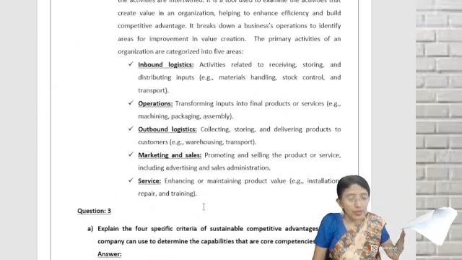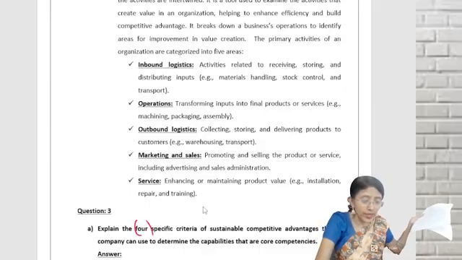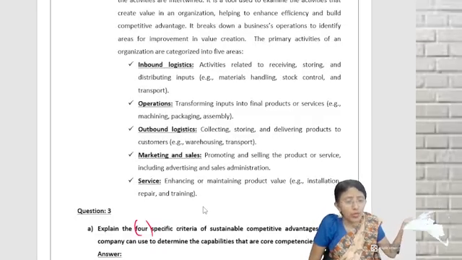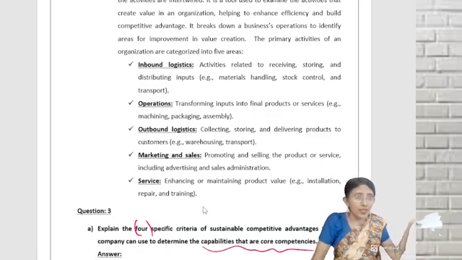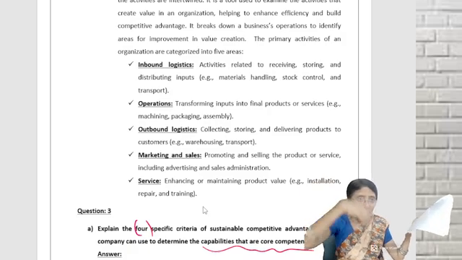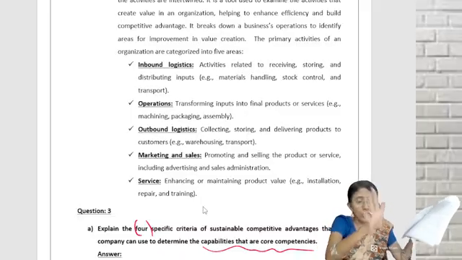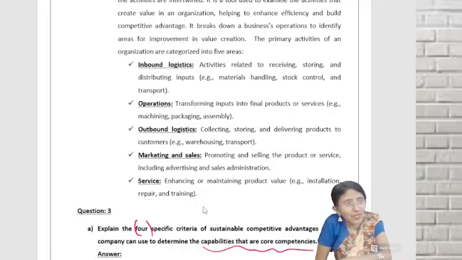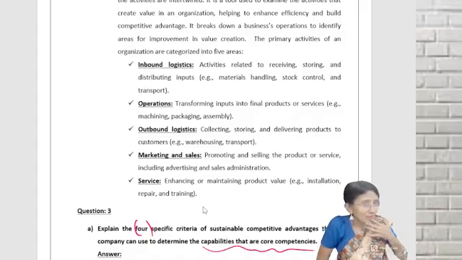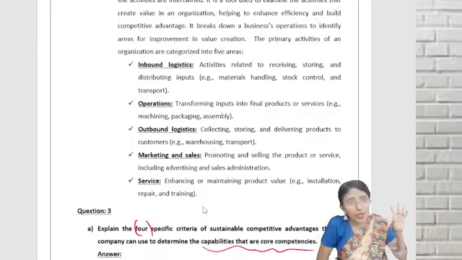Now I want you all to say what were the 4 criteria we saw yesterday. I mean, this morning also we saw. Explain the 4 specific criteria of sustainable competitive advantage that a company can use to determine the capabilities that are core competencies. I possess this because, and the other doesn't have. The 4 attributes we saw this morning. Do you remember? 4 important things which I have. I'm better than the rivals. I told you this question comes for the descriptive part. You remember those 4 points?